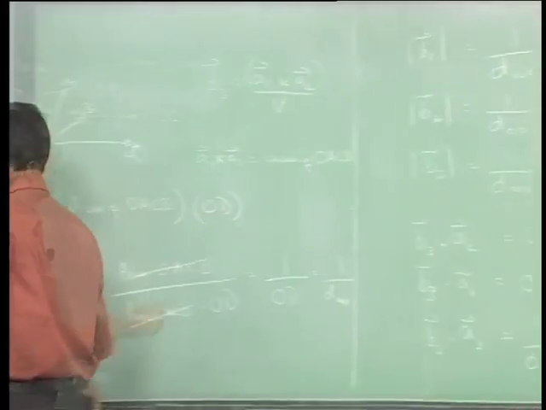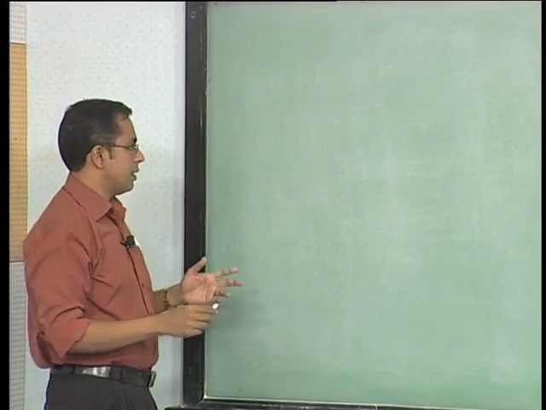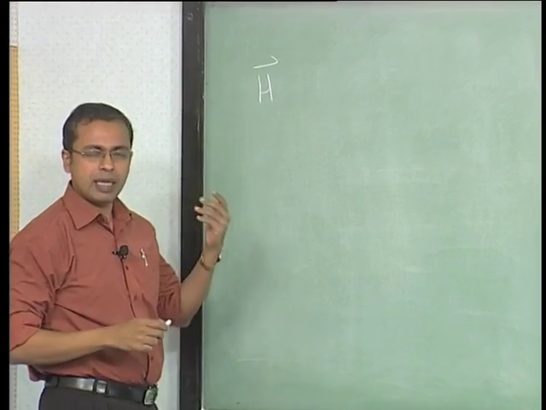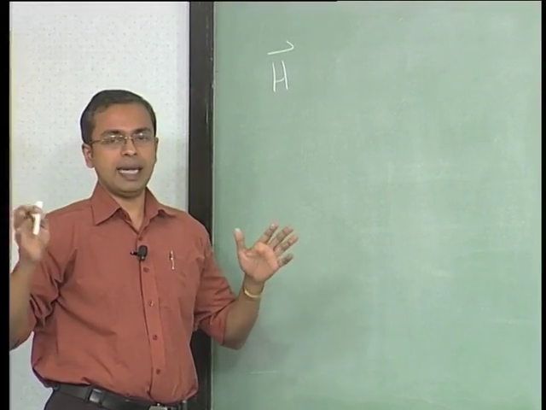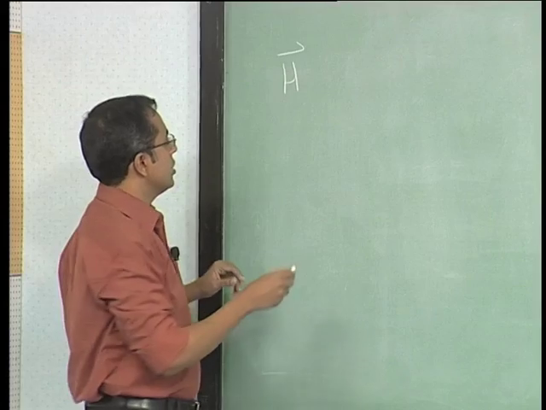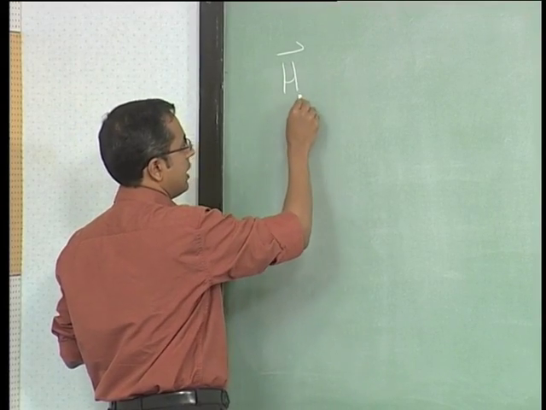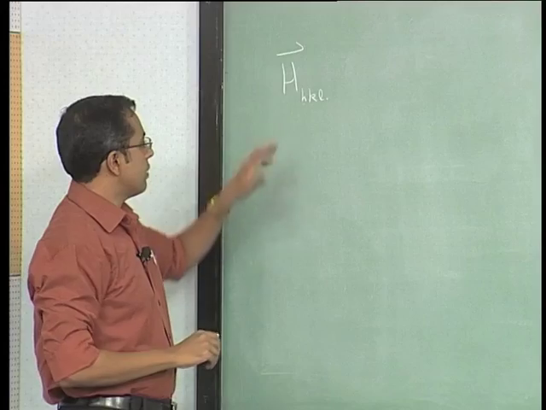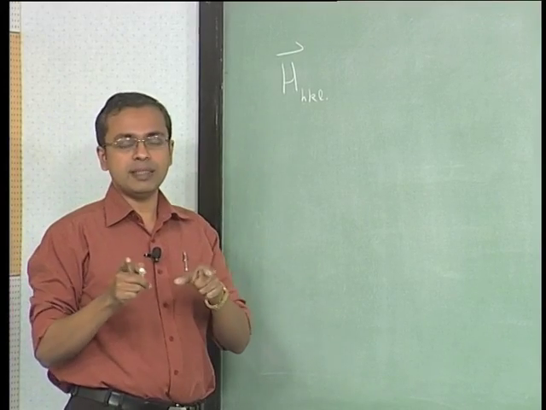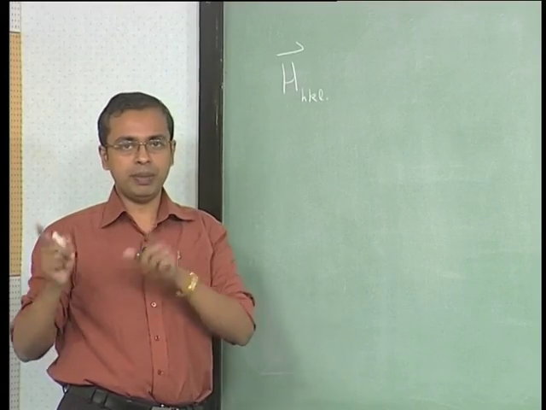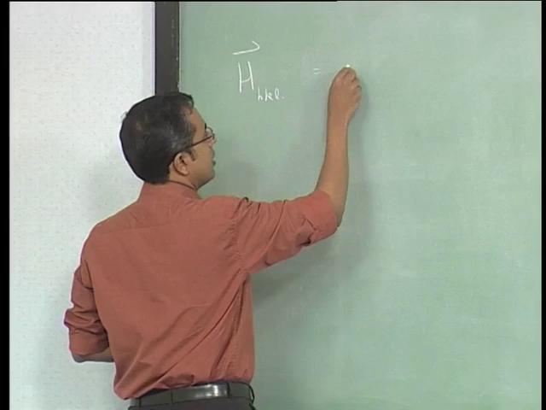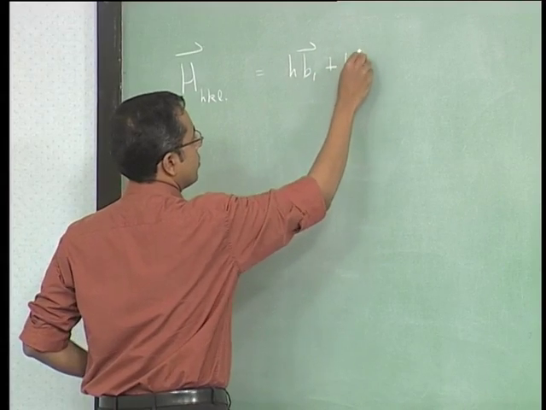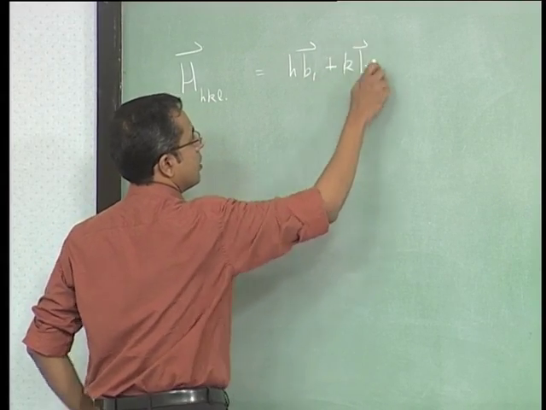We will generalize it as follows: we can write any vector H. H is the notation that is given for a generic reciprocal lattice vector, okay. So H is a general reciprocal lattice vector, we will give it subscripts hkl, okay. So if this is a reciprocal lattice vector and the unit vectors in the reciprocal space are B1, B2 and B3, then this is simply equal to h B1 plus k B2 plus l B3.